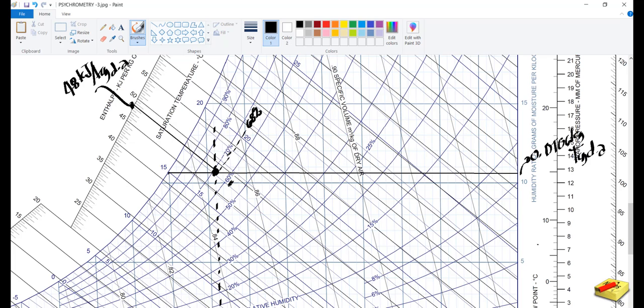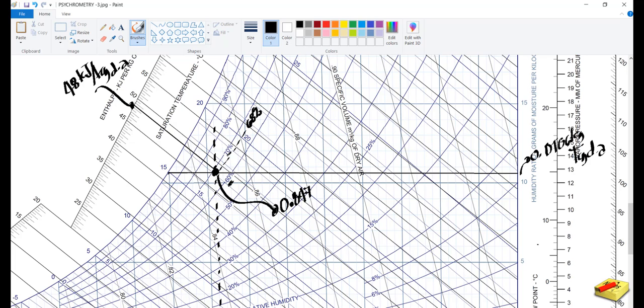It's easy. Then for the specific volume, V, that is the slanted line here. So this is 84, in between of 86. It is somewhere here, so it can be 84. What we have here can also be 0.84, maybe 84.7 or 84.5, since it is in between of 0.84 and 0.86.